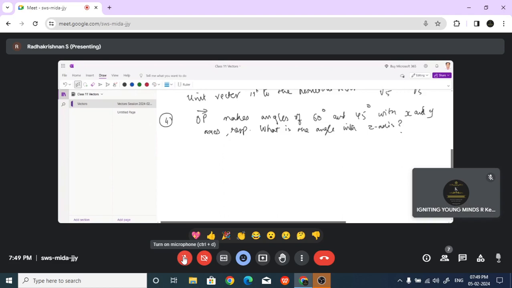So what is the definition of direction cosine? And what is the property of direction cosine? Suppose L, M, N are the direction cosines: L for the x-axis, M for the y-axis, and N for the z-axis. So what is the direction cosine? Definition?